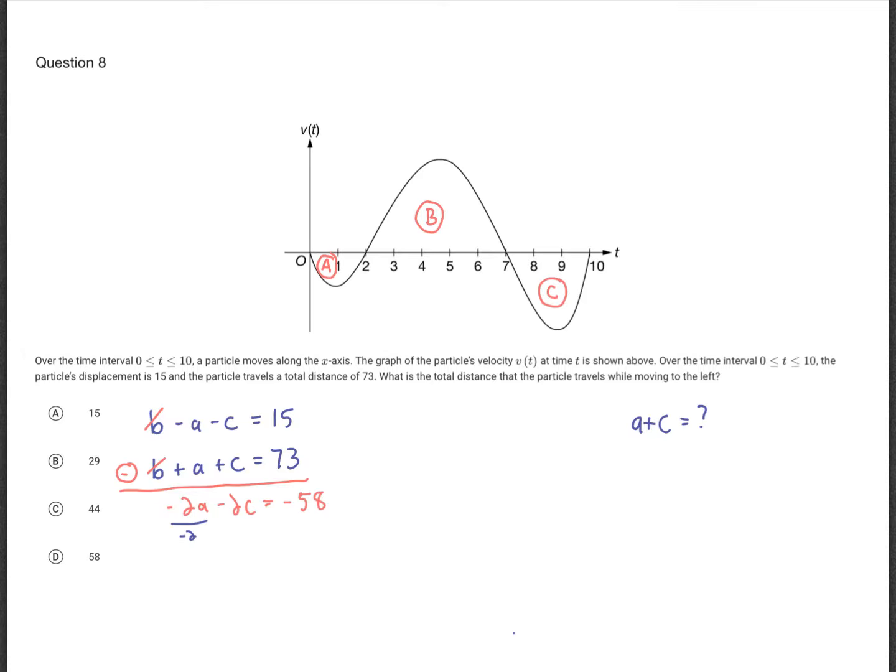And then we get a plus c equals 29. And that's it. That's what we were looking for, and that's the answer. That's B.